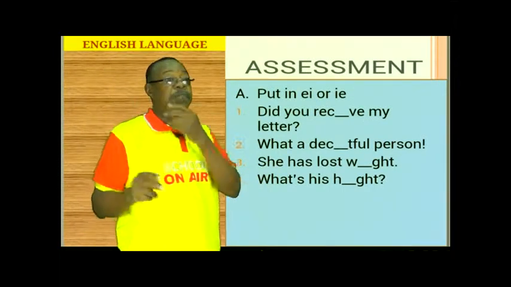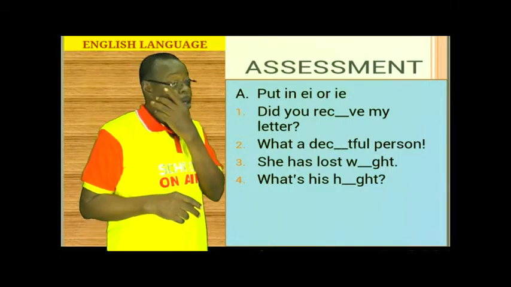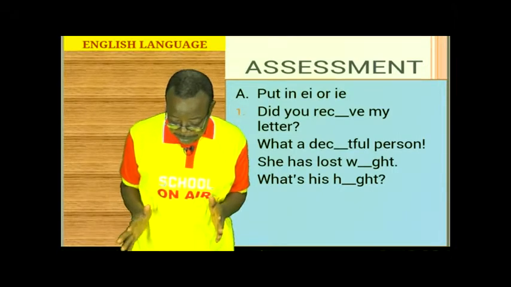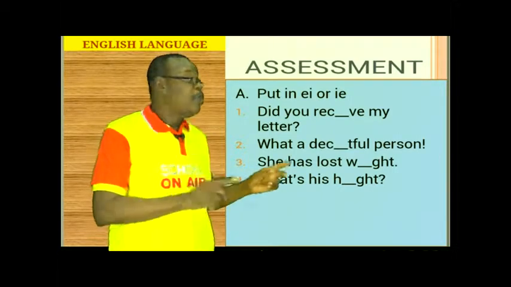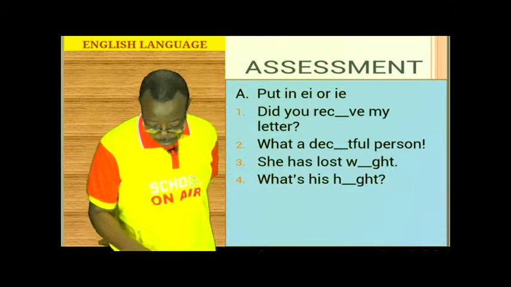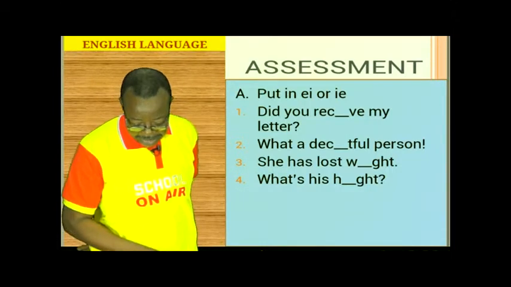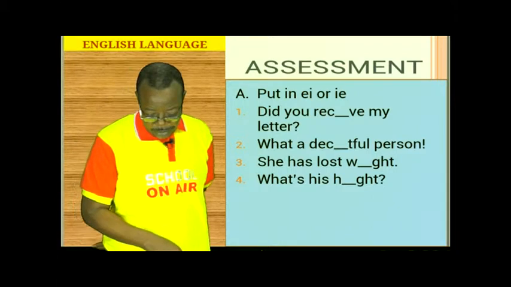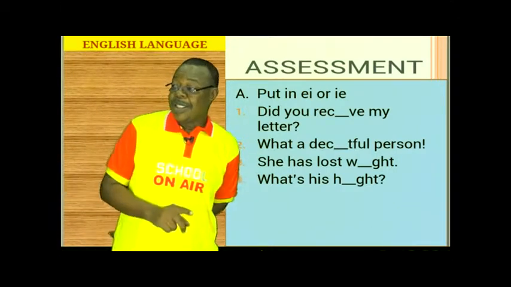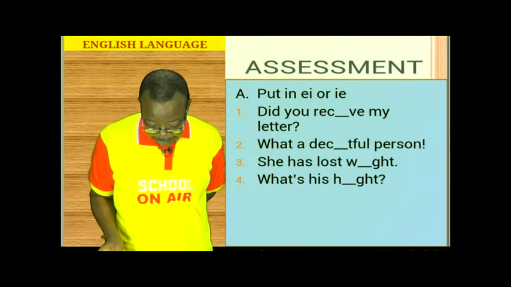I'm going to give you two assessments today. Okay? Exercise A. Now look at the following. You have to put whether it is EI or IE. Did you dash my letter? What a dash person. You just put whether it is EI or IE.